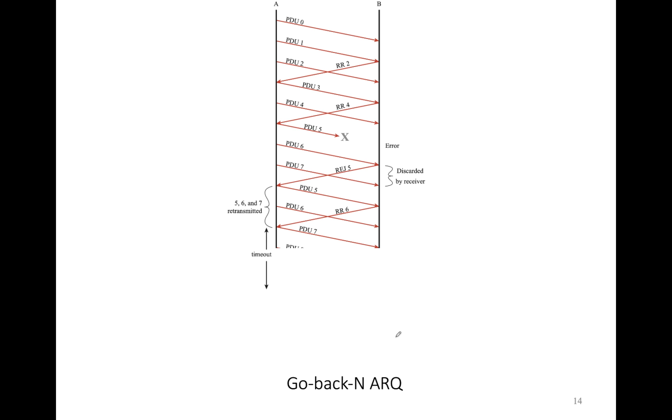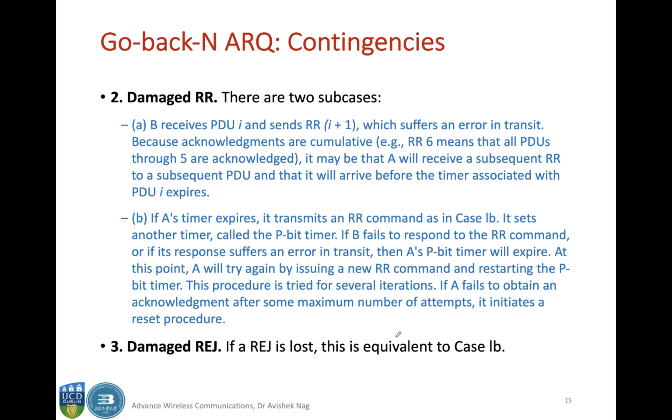Now there can be the second case where an RR is damaged, and for that also you can have two subcases. Let's say B receives PDU I and sends RR I plus 1, which suffers an error in transit.